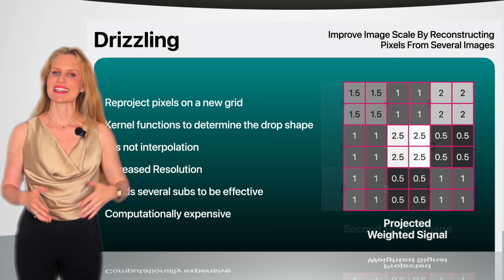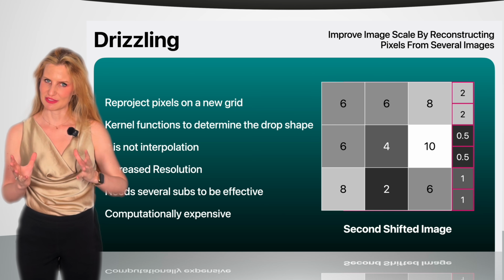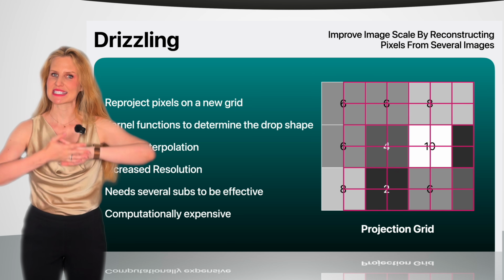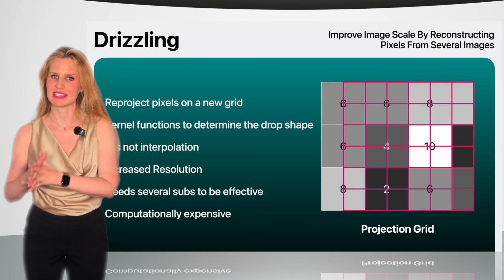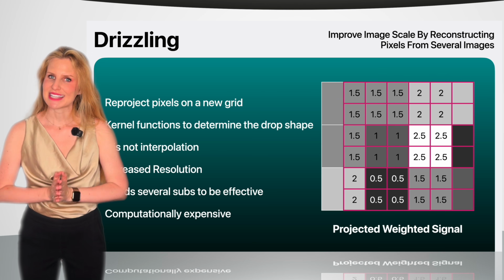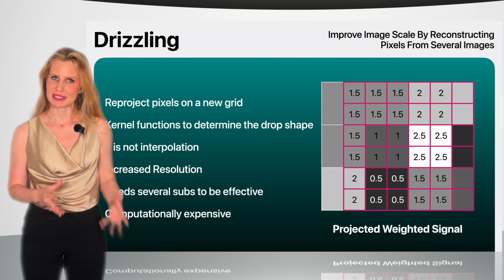Now let's add a second exposure. If the second exposure is exactly aligned with the first one, we gain nothing. But if it is slightly offset, for example, if the data was dithered, things get interesting. When we drizzle the second image onto the same grid, its pixels land in different places.